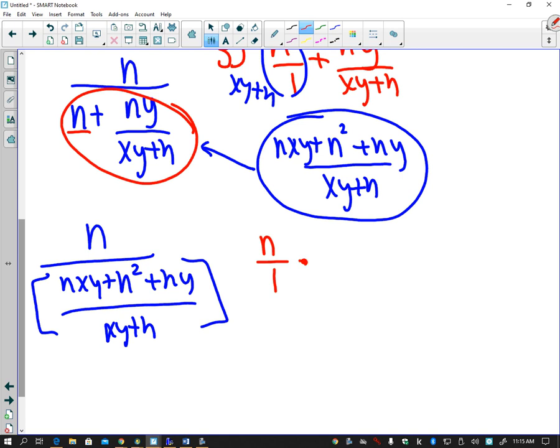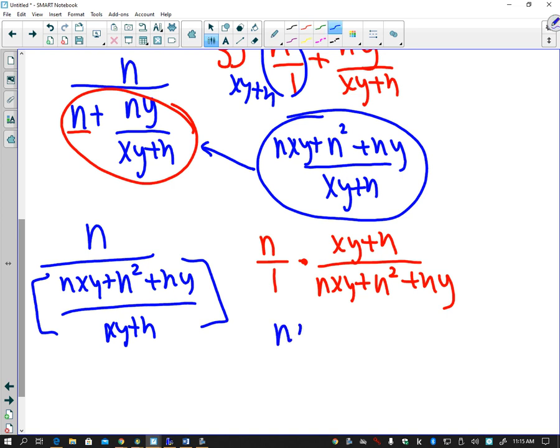So over here, in the new numerator, I have xy plus n. Down here, I have nxy plus n squared plus ny. I'm going to have to distribute n in the numerator to every term in the other numerator. So up here I have nxy plus n squared, all over nxy plus n squared plus ny.